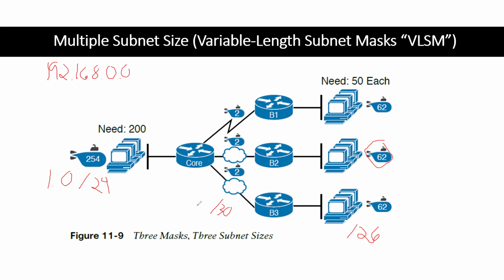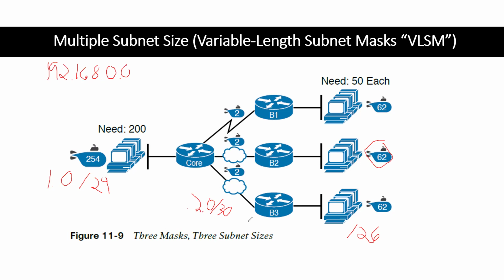What can we do for this one, though? We can do still 192.168. We can keep it simple. We can do a 1, .2, we can do .0. But the great thing about variable length subnet mask is that we don't have to waste it.